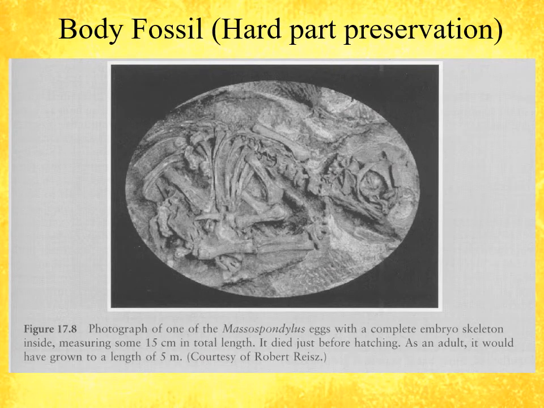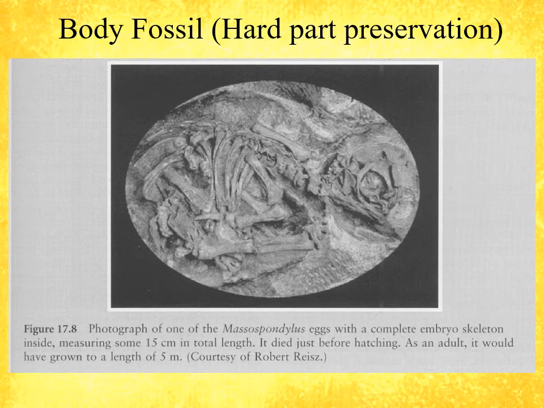Here again, a body fossil, a reptilian egg. This is an egg, and within this egg, the embryo died and was preserved. So this egg shape is not formed afterwards, but it is the original egg in which the embryo somehow died and was preserved.